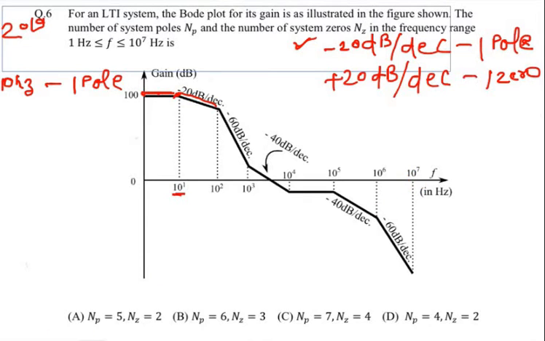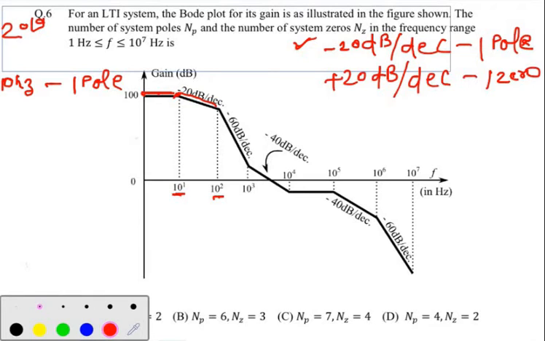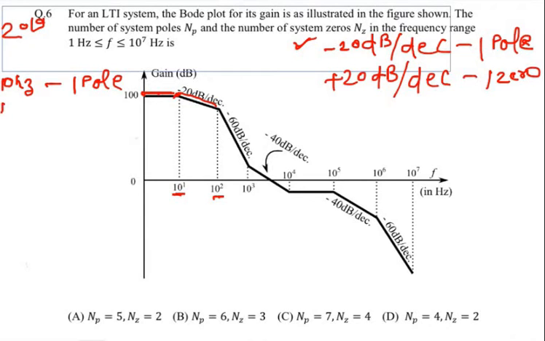Now the second corner frequency is 10 raised power 2 or 100 Hz. So at 100 Hz, now your slope is minus 60 dB per decade. It means at this point the slope was minus 20 dB per decade, but from this point onwards minus 60 dB per decade means minus 40 dB per decade slope is adding.